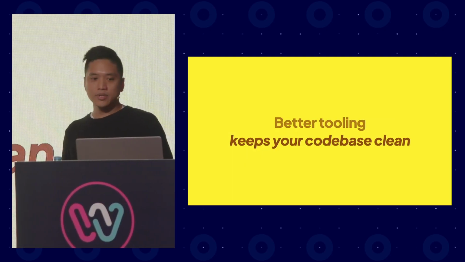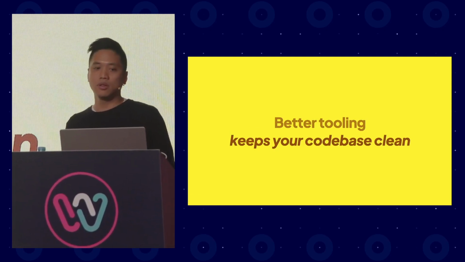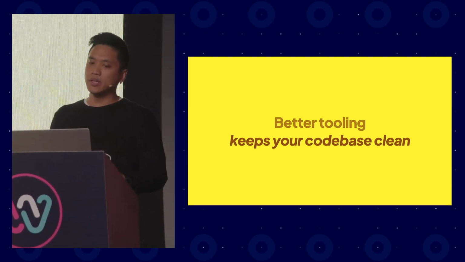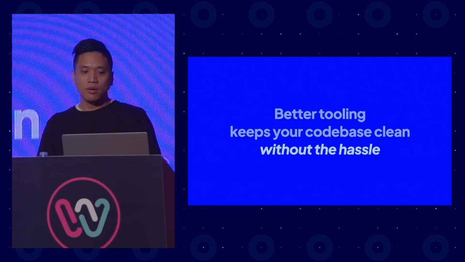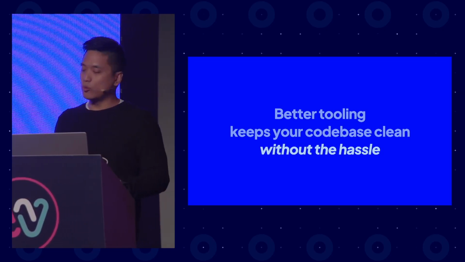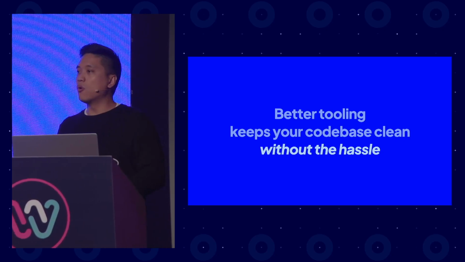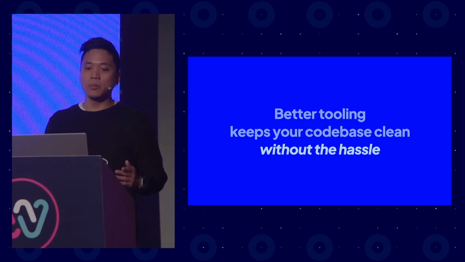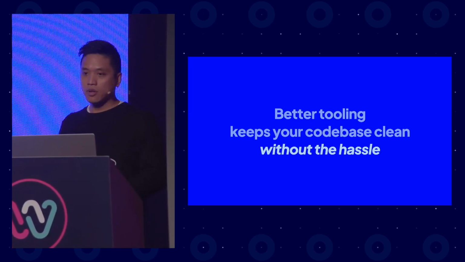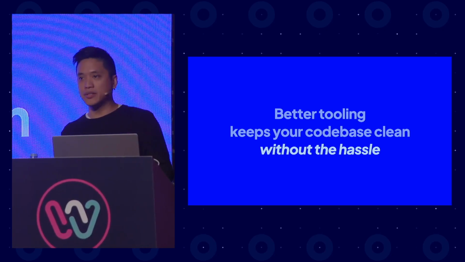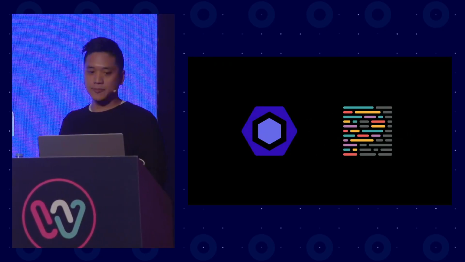Better tooling helps us move faster and with the most reliability possible. We need tooling to help keep our code base clean, without much work required from us developers. Anything that can be automated or auto-fixed without us having to do anything is foundational to help us achieve building more robust interfaces.